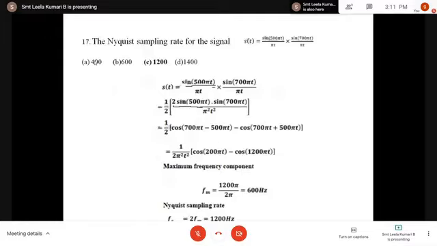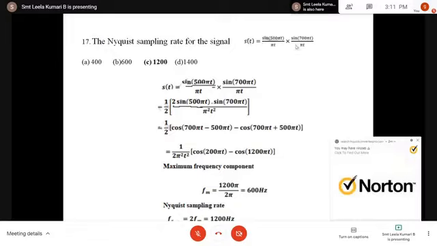And this is the 17th question. The Nyquist sampling rate for the signal s of t is equals to sin 500 pi t by pi t multiplied by sin 700 pi t by pi t.